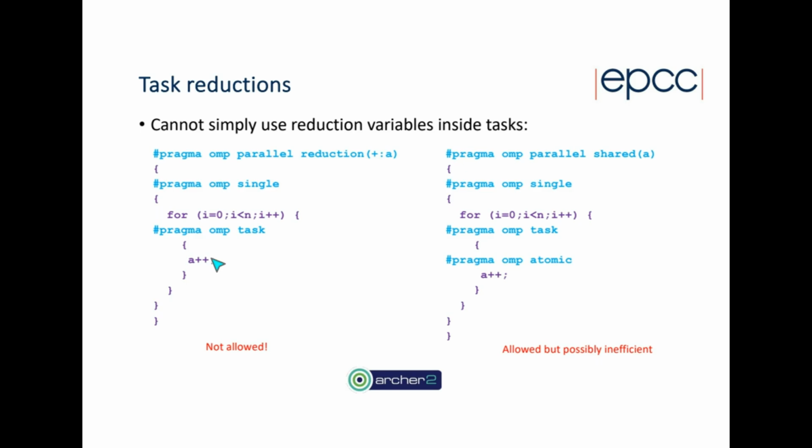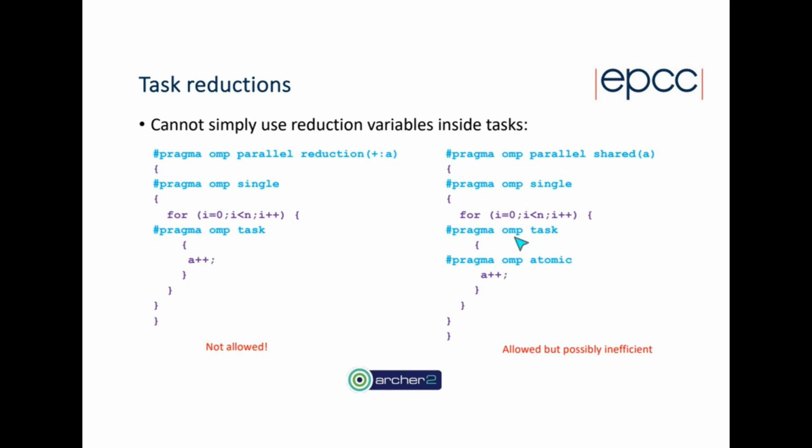That's not supported. The reason is just an implementation difficulty. It's quite hard for the implementation to track what this is supposed to refer to if it's a reduction variable.